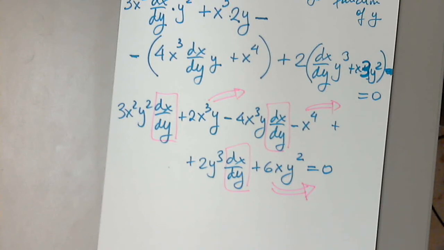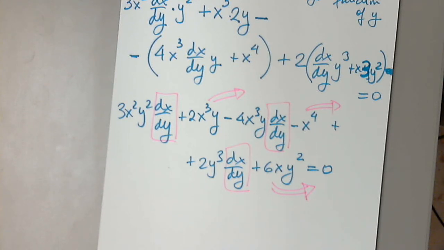Like over there it's 3x squared y squared, and then you multiply by dx over dy. It's like for the derivative of y, when you take the derivative of y, you put that there. Because if you take the derivative of x, you're pretty much saying dx over dx, which is 1, so you don't have to write it. Oh, okay. That's why I didn't find the second one. Okay.